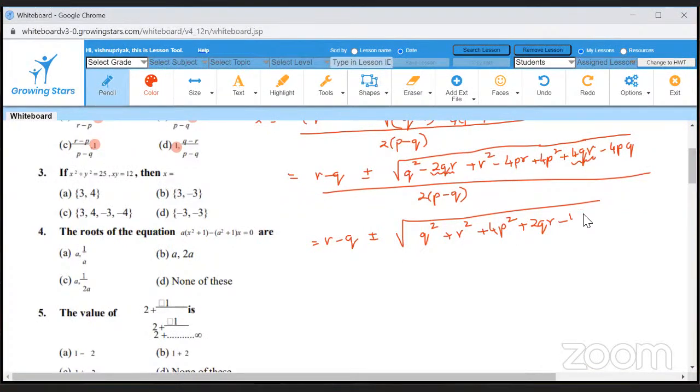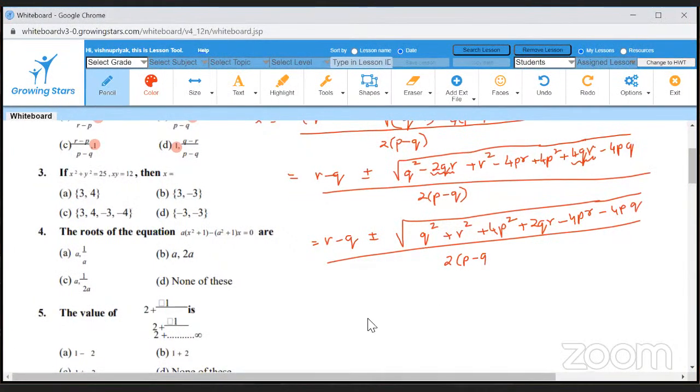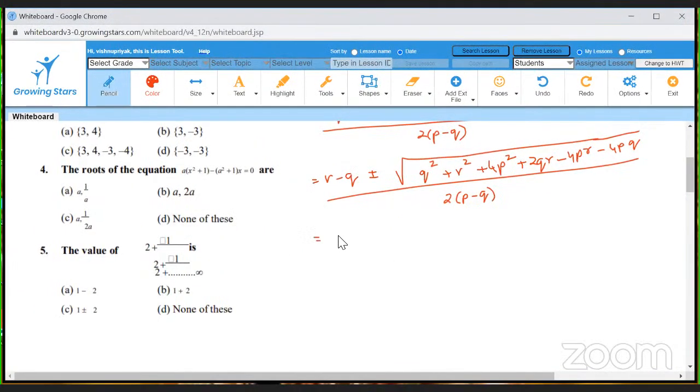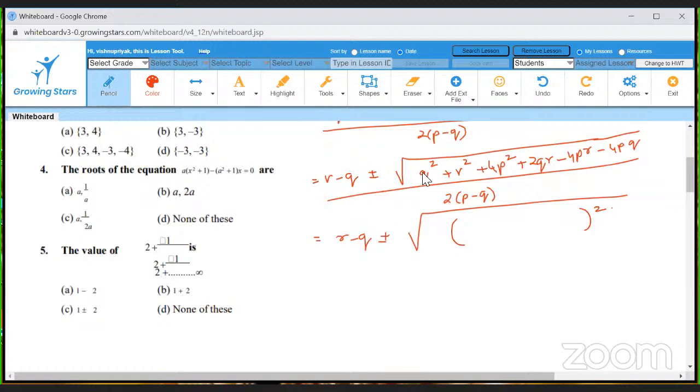And then minus 4PR is single, minus 4PQ is single. Obviously, when there is a square root, we must have a square. So that square root and square will cancel. So inside the square root, I need a square. What will that square be?